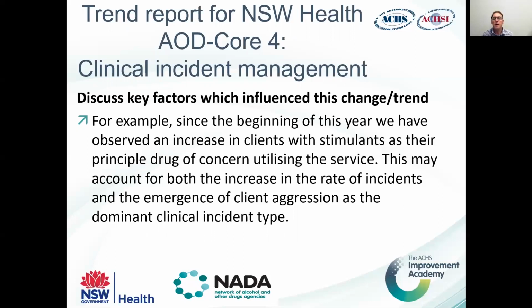And it shows an example of an NGO that has said, we've noticed an increase in clients with stimulants as their principal drug of concern utilising the service. This may account for both the increase in the rates of incidents and the emergence of client aggression as the dominant clinical incident type. So it's really providing a good descriptor of what's happening behind the profile of the incidents, without getting hung up on the numbers.